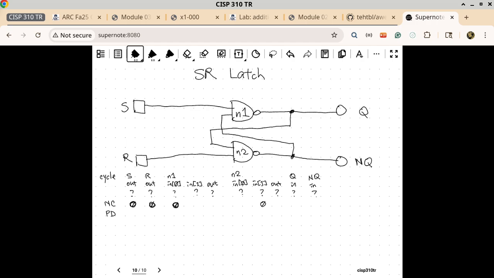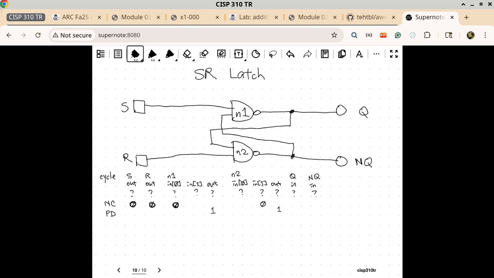So it is a negated AND gate. So when you refer back, your logic is correct, okay? The way you think is correct. It is just that it is opposite, okay? So that means we actually can determine that the output of both N1 and N2 would be ones. So there's a one here, and there's also a one here.